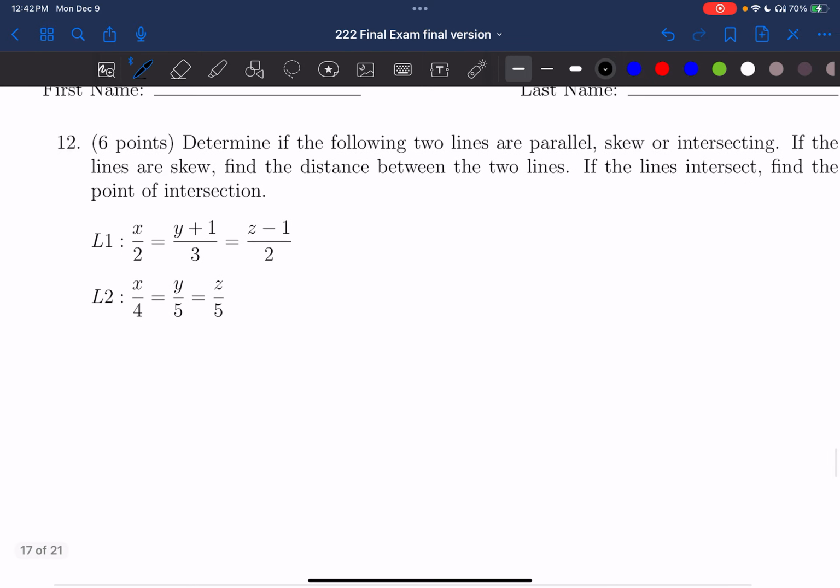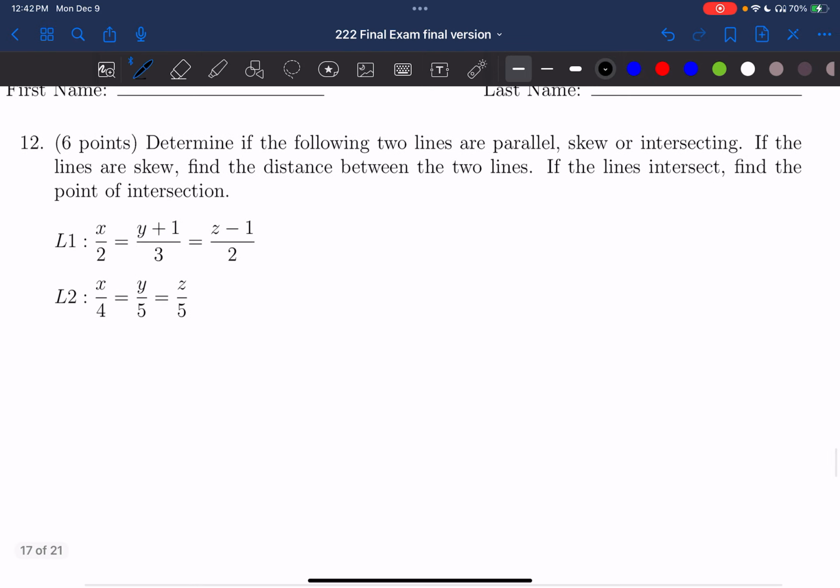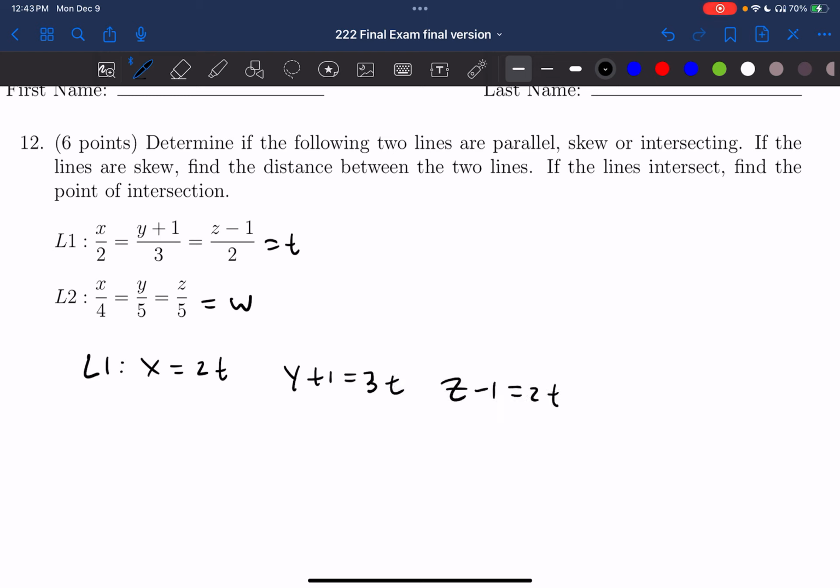Determine whether the following two lines are parallel, skew, or intersecting. Okay, so we need to see, these are all parametric equations. If we set this equal to t, and this equal to w, we can see that for L1, we're going to get x is equal to 2t. Y plus 1 is equal to 3t. Z minus 1 is equal to 2t.